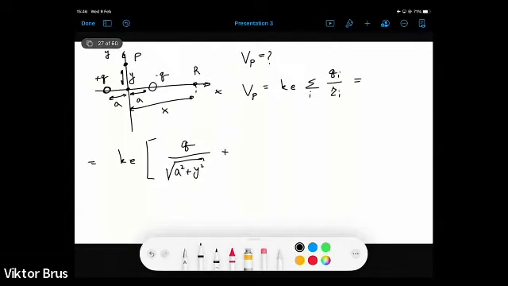Then we have the contribution from the negative charge, minus Q divided by the same square root, a squared plus y squared.